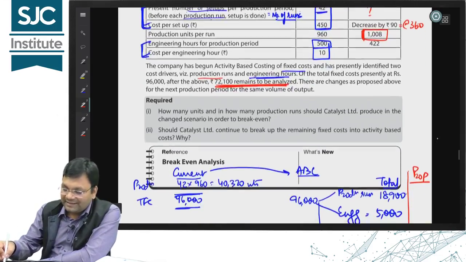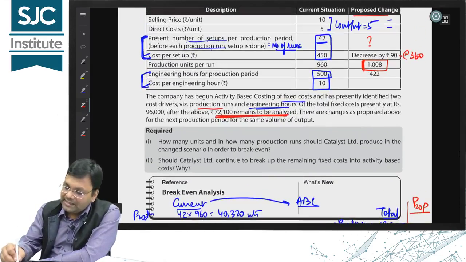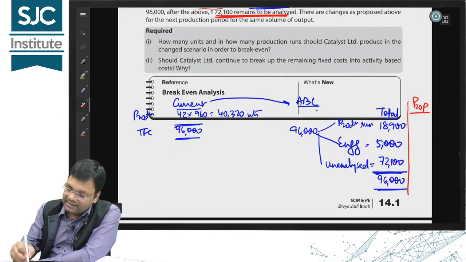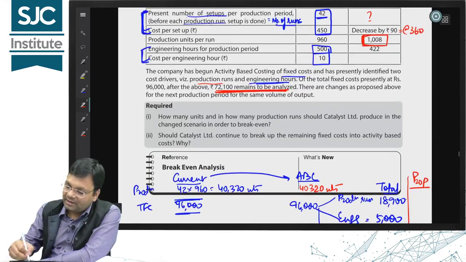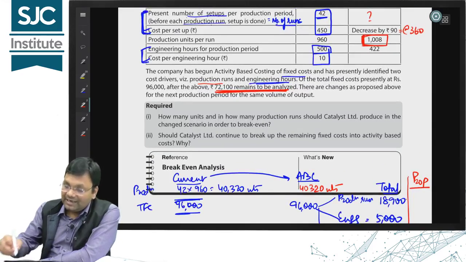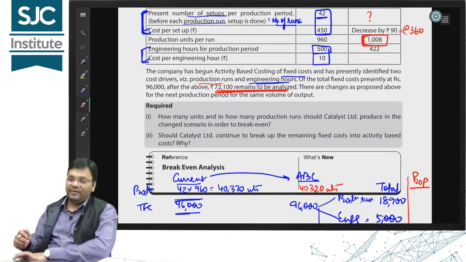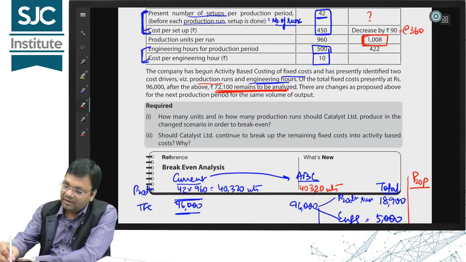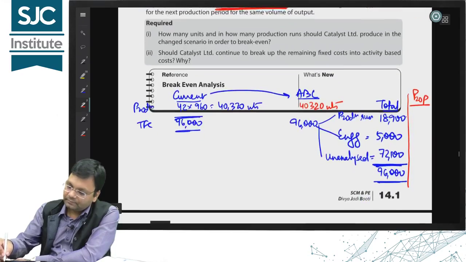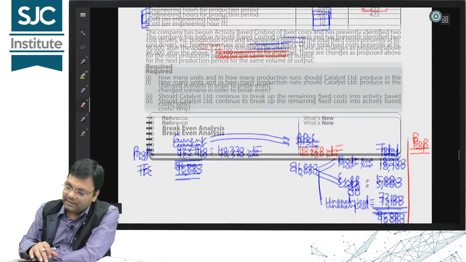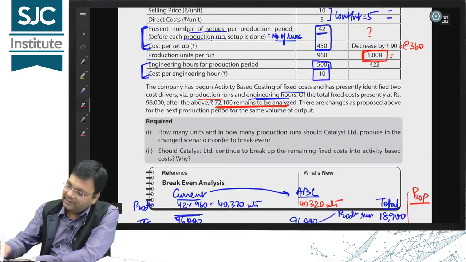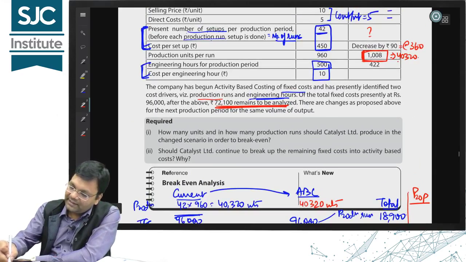They have not said that we are going to increase or decrease total production, so we'll assume that here also 40,320 units will be produced, but in runs of 1008. That means every time 1008 units will be produced in one run. So how many runs will there be? 40,320 divided by 1008. I am writing it here.